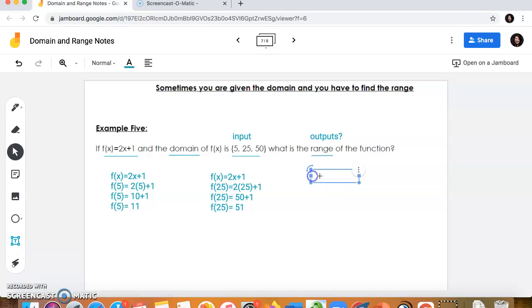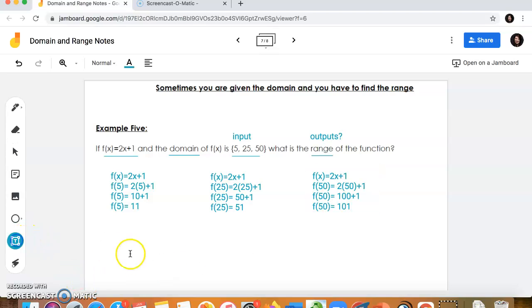And then we need to do one more, and that's for the number 50. So everywhere we see an x, we'll insert a 50. And 2 times 50 is 100. Plus 1, and our output's going to be 101.